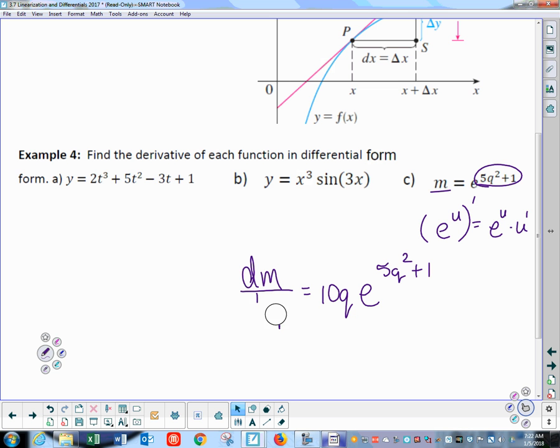Multiply up by dq, and we're in differential form. Now, if you told me a value for q and the value for dq, how much I'm changing q by, I can tell you the resulting change in m. That is what differential form gains us.